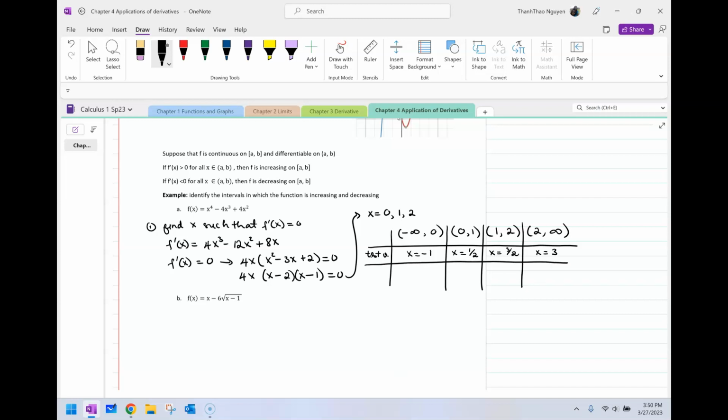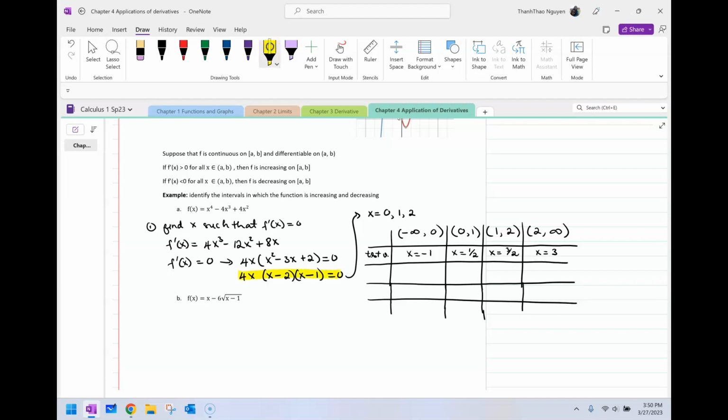And let's see what the values of f prime of x are. We really don't care much about the value of f prime of x, but we care a lot about whether it is positive or negative. So we can accomplish that by using the factors of f prime of x.